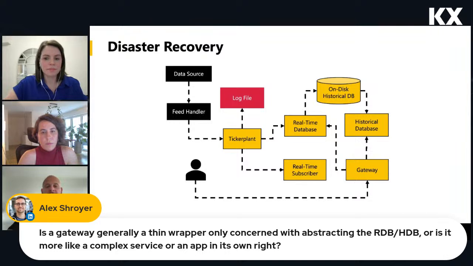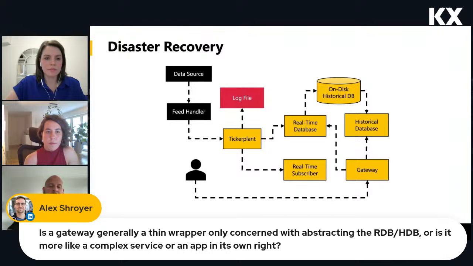It's a KDB process that provides different functionalities to the RDB and the HDB. The RDB has the intraday data and the HDB has the historical data. The gateway, on the other hand, provides load balancing and query functionality. You can have a gateway API where you design the logic of the API, and that code is only loaded into the gateway rather than being loaded in the RDB and HDB as well.